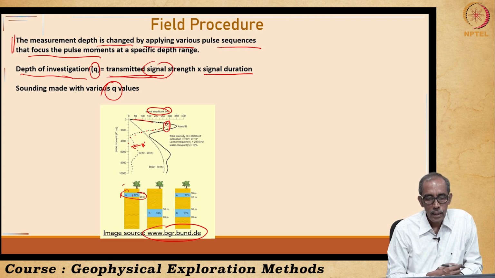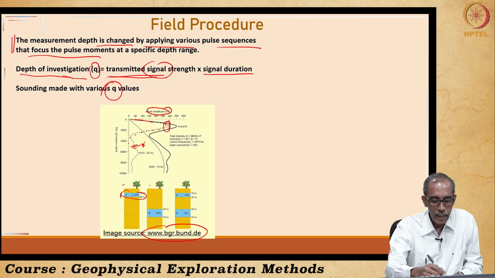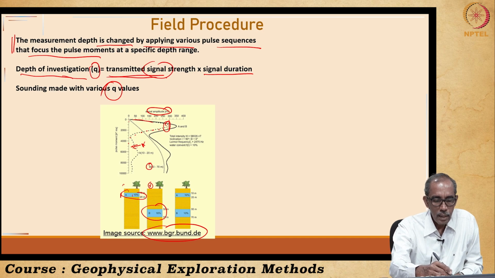In the case of B, the second diagram, you can see, since the permeable formation or water bearing formation is at a depth of 50 to 70 meters, initially the signal amplitude is less, only in this zone it is the maximum.